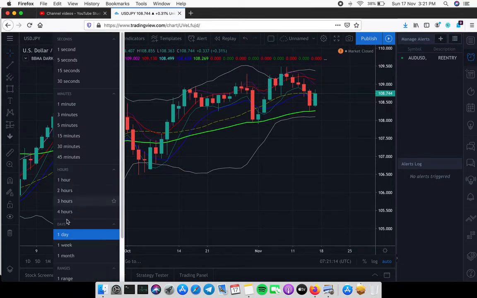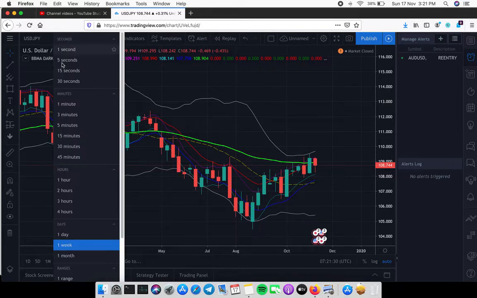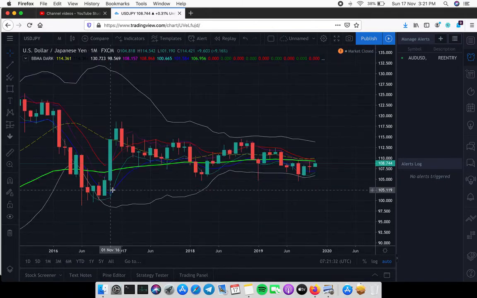USD JPY weekly is MHV buy. MHV sell. Monthly is, but if you can see, right, monthly is quite sideways.